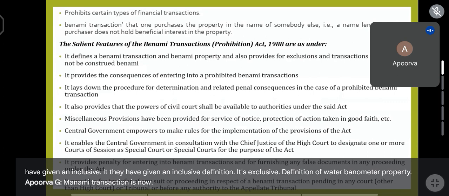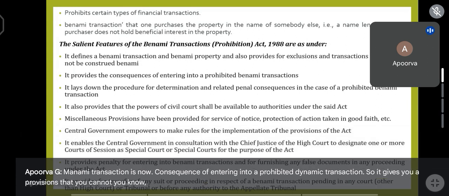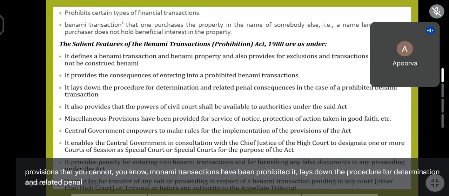Now, the consequence of entering into a prohibited Benami transaction: it gives you provisions that Benami transactions have been prohibited. It lays down the procedure for determination and related penal consequences. So what happens if you are involved in a Benami transaction?